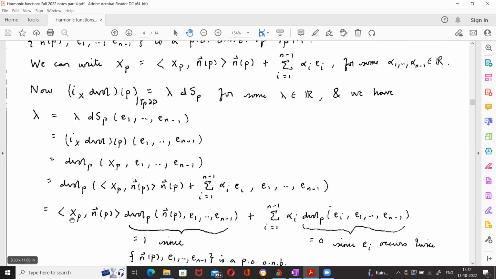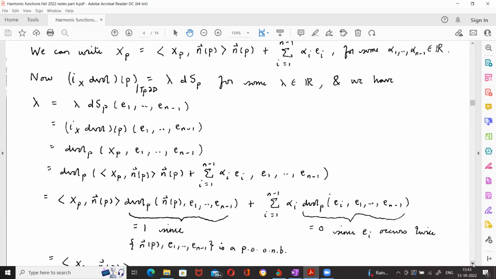The first term becomes the inner product of X with N into dvol of N, E1 to En-1. But N together with E1 to En-1 is a positively oriented orthonormal basis of T_P M, so dvol acting on this will give you 1, by definition of the volume form.